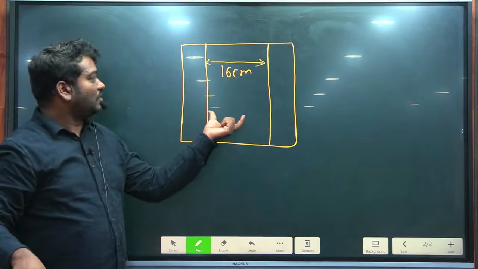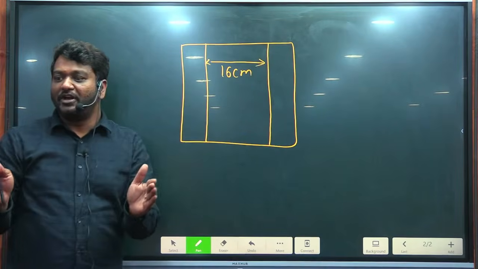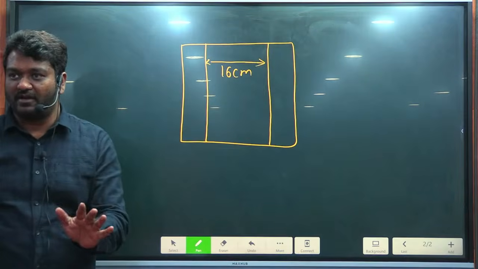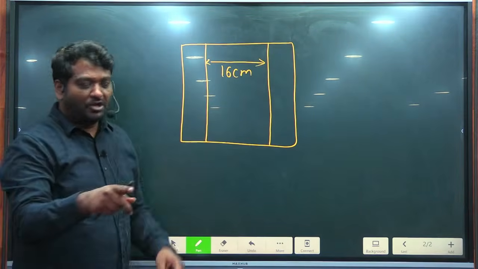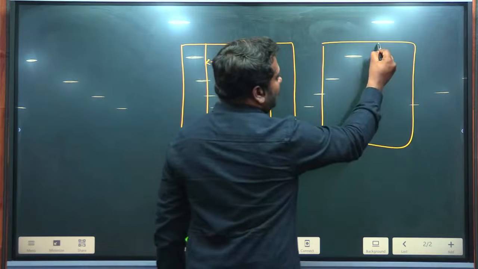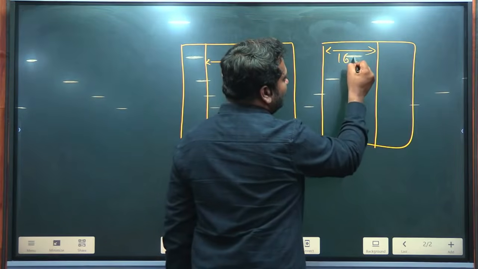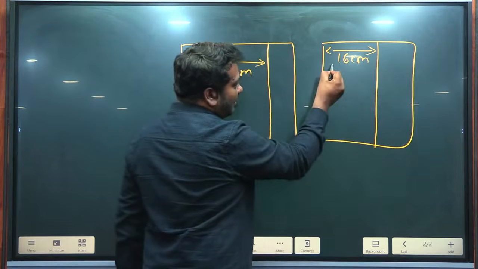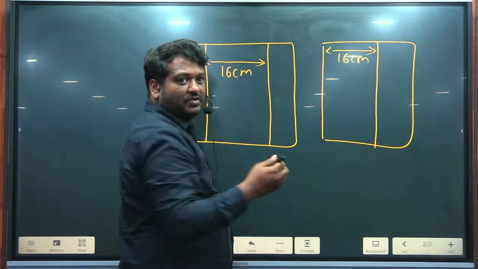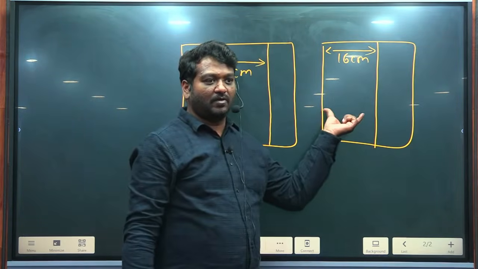So learn to write only in 16 centimeters so that you get to know how much you are writing on one page. In your pages, draw a line like this also, ensure this is 16 centimeters and write notes here. If I ask you to draw anything, the drawing also should be here only.